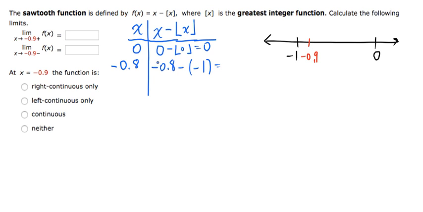So that's negative 0.8 plus 1, which is 0.2. I didn't really anticipate that number.